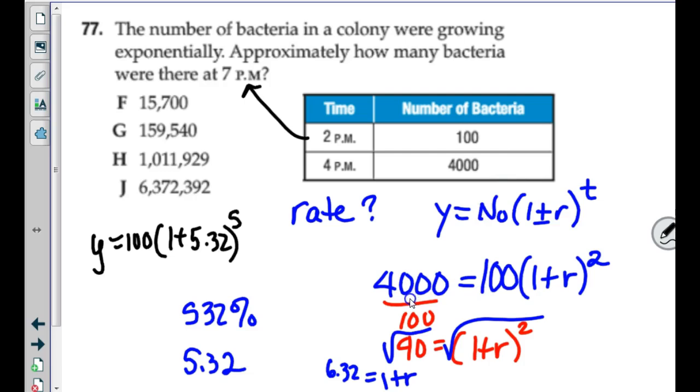Yes? This was 40. You got close to H? A million and something? Okay. Well, they may have rounded differently along the way, so we'll go with it's close. All right, moving on.